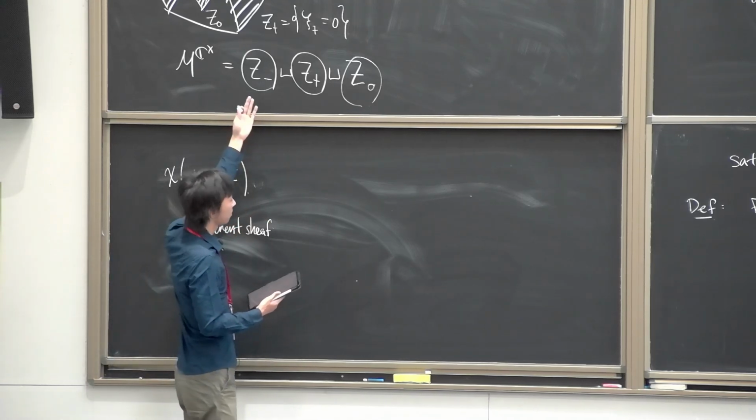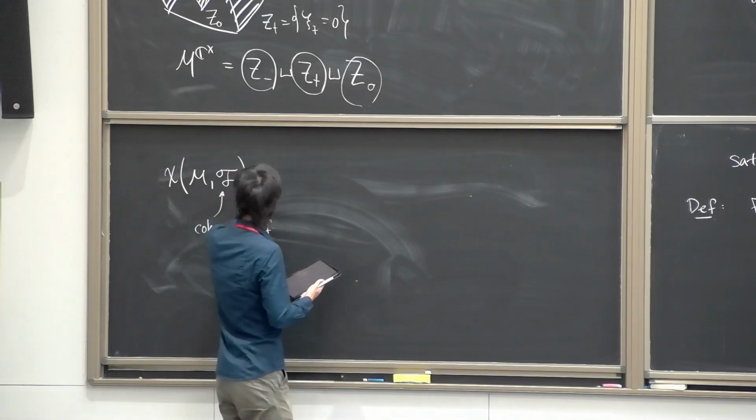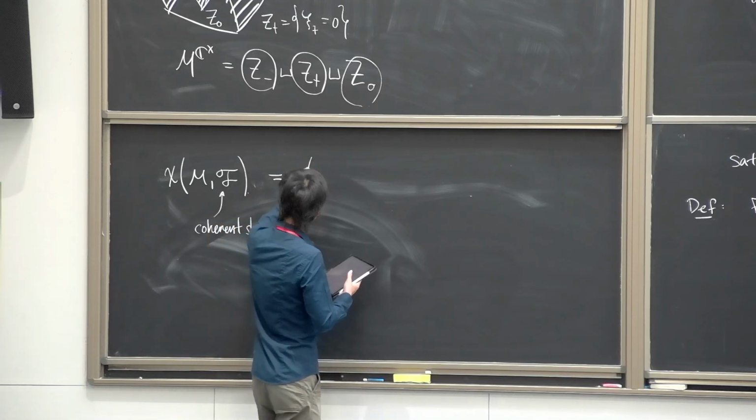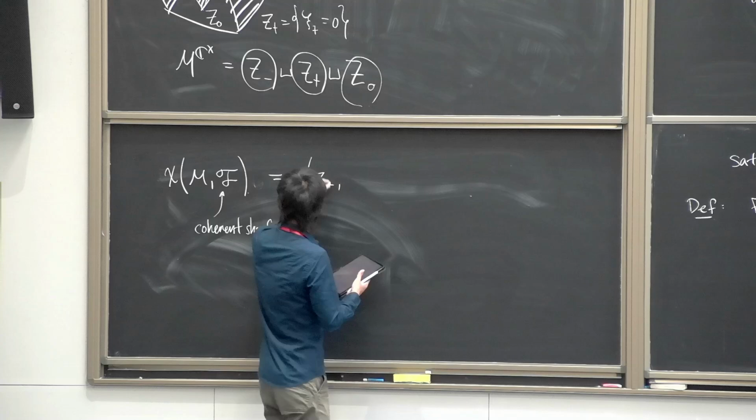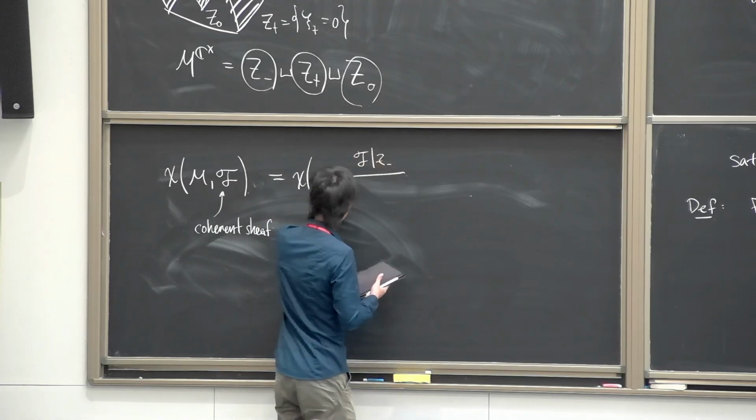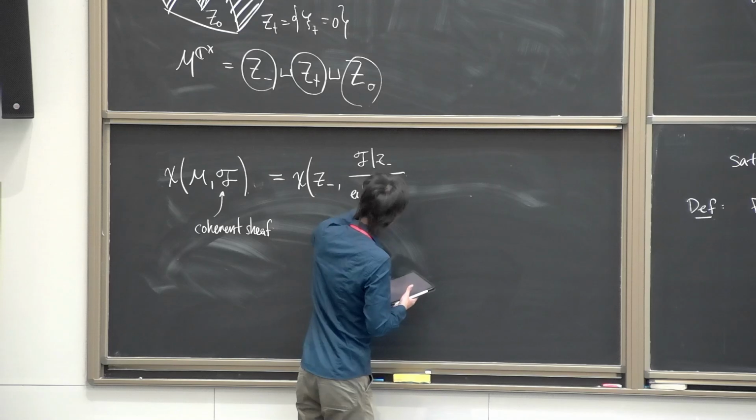And by C star equivariant localization, I can write this as some Euler characteristic on Z minus of F restricted to Z minus with some correction from the Euler class of the normal bundle.